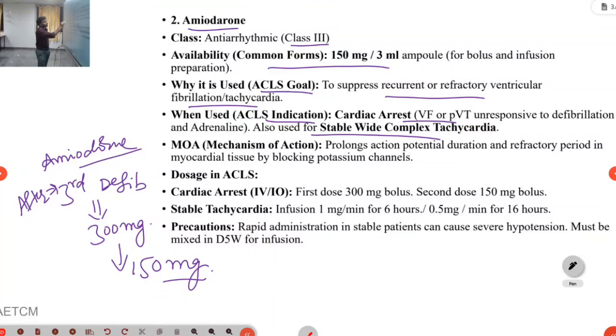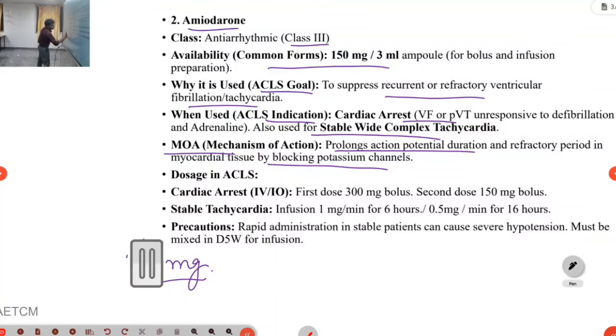Next we will see the mechanism of action. It prolongs the action potential duration and refractory period in myocardial tissue by blocking potassium channels. And one more thing is, it slows down the conduction between the SA node and AV node.